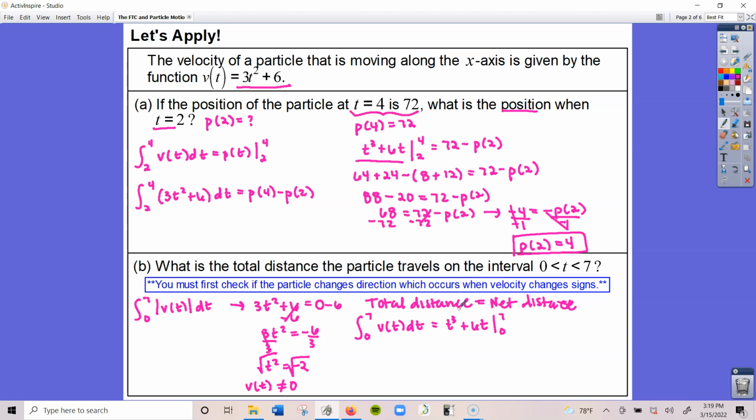Plug in the 7. 7 to the third is 343, plus 6 times 7 is 42. Minus, when I plug in 0, everything would be 0. So we get here 343 plus 42 is 385. And if we had units, we would include the units, which would just be either feet or meters or inches, whatever the case may be, since this is distance. And this would be my answer.